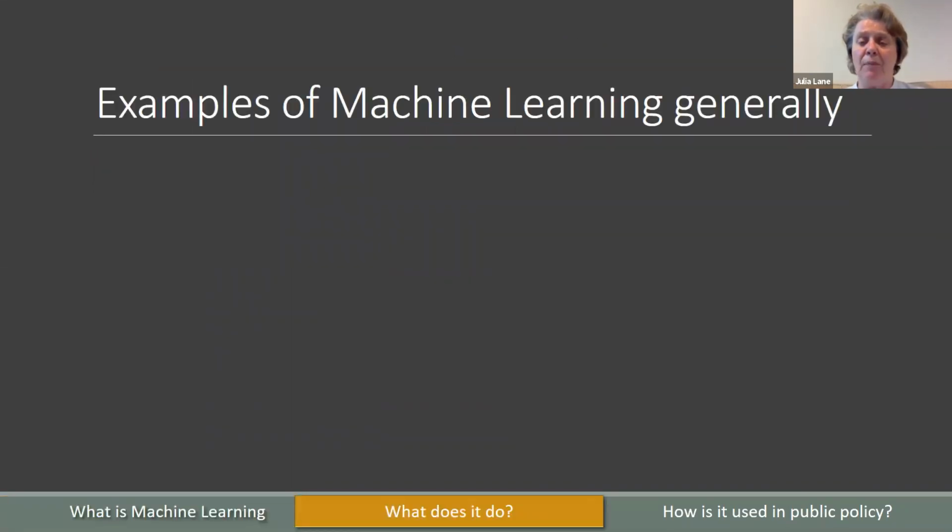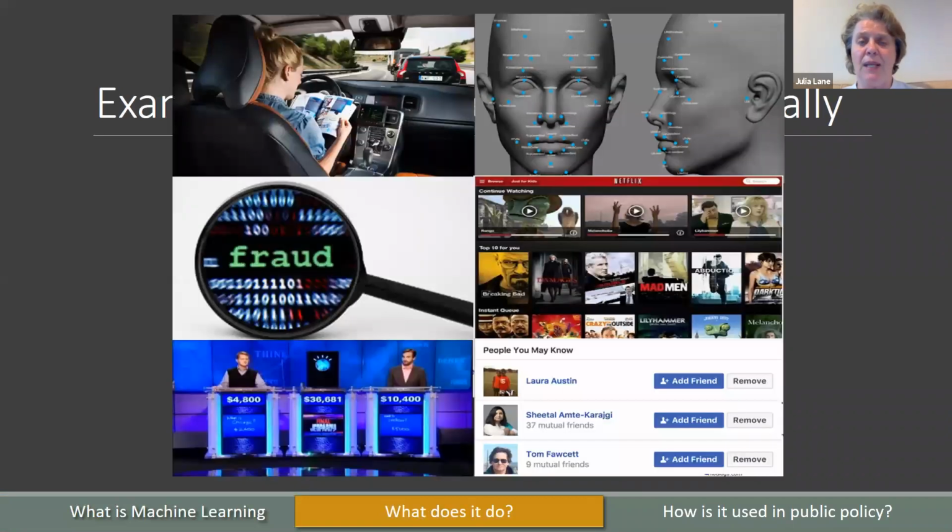Here are some examples, and again, this is taken from Raed Ghani. Think about how we learn to drive a car. You can see someone at the top left who is sitting there, the car is driving, and they're reading a book. So how do you tell a car to drive? An old-fashioned way would be to think about all the different rules you would put in place.